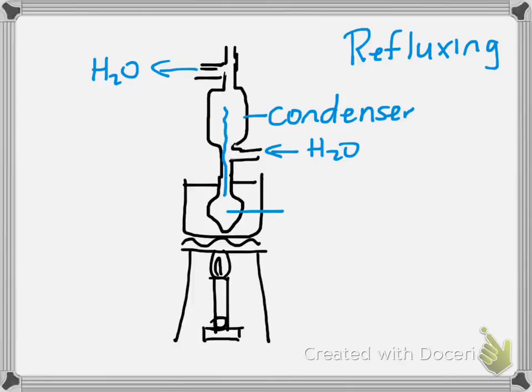The reaction vessel here, a pear-shaped flask, is where you would put your ol, your oic acid, and your acid catalyst, which is concentrated sulfuric acid.